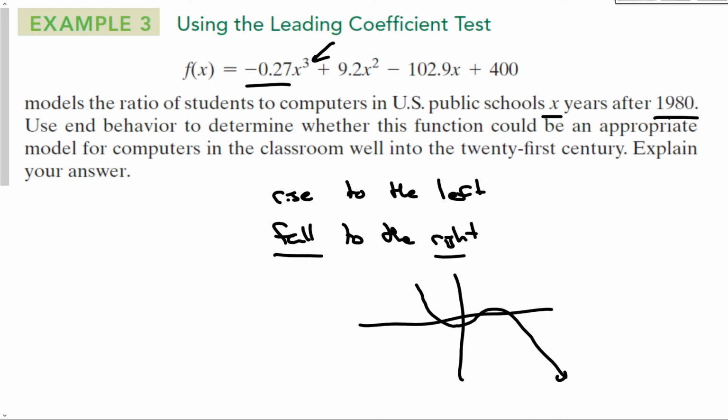So the number of computers just in our school has been going up in the last 4 years. As a trend, this model is not very good because I think we can all agree that the number of computers in school is only going to increase. All right, so bad model, and we can tell that just by using our end behavior.